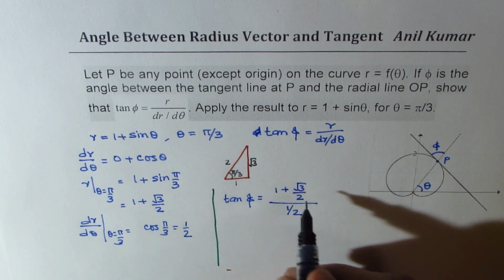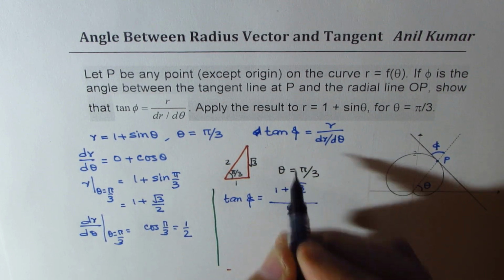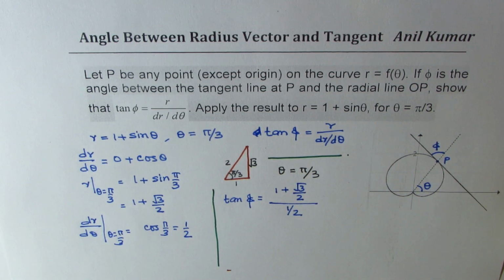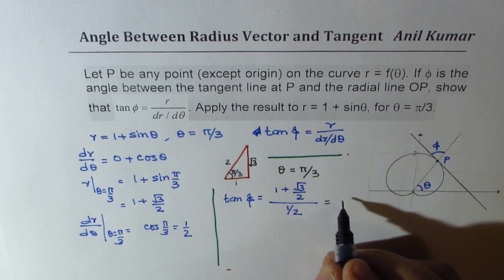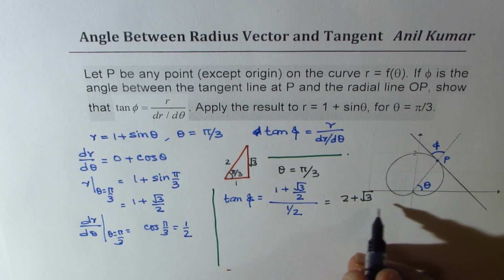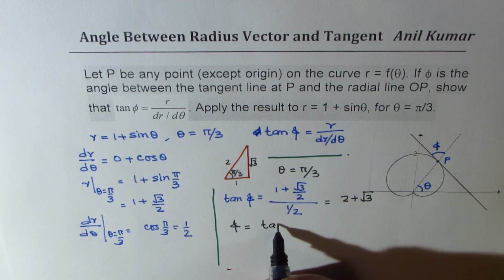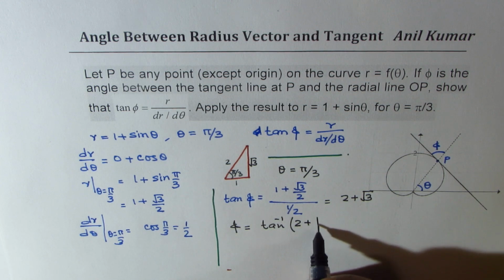This we are doing for theta equals pi by 3, correct? Now that could be written as 2 plus square root of 3. And from here we can find what phi is. Phi is tan inverse of 2 plus square root of 3.